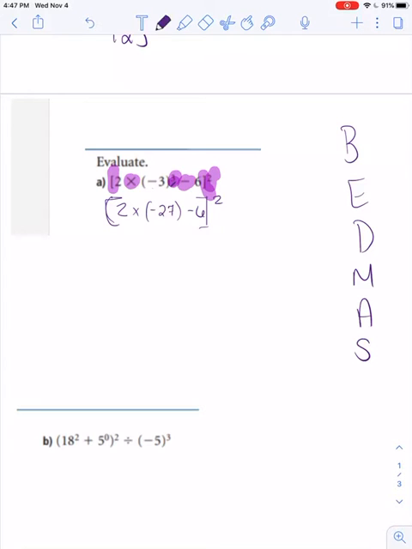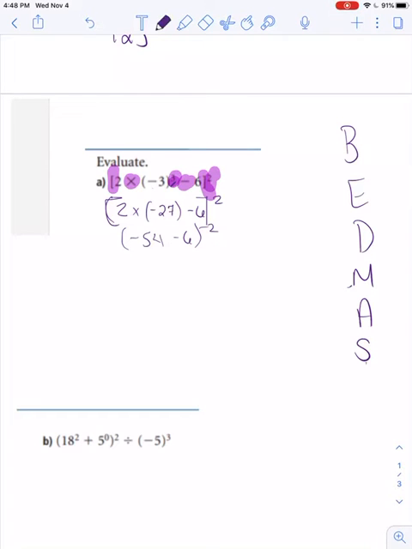We're not done with our bracket just yet. Now in our bracket, we have a multiplication and a subtraction. We need to do the multiplication first because it comes before the subtraction. So negative 27 times 2 gives us negative 54. And we're going to write the rest of our equation.